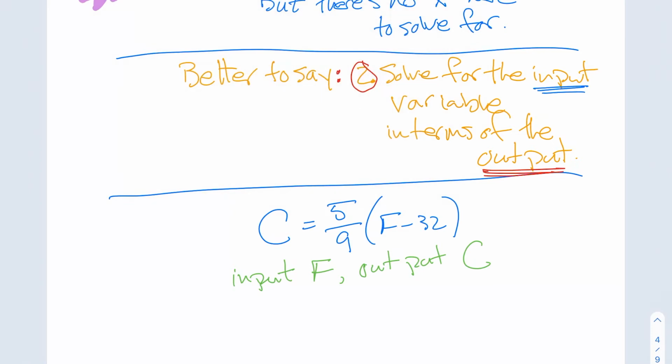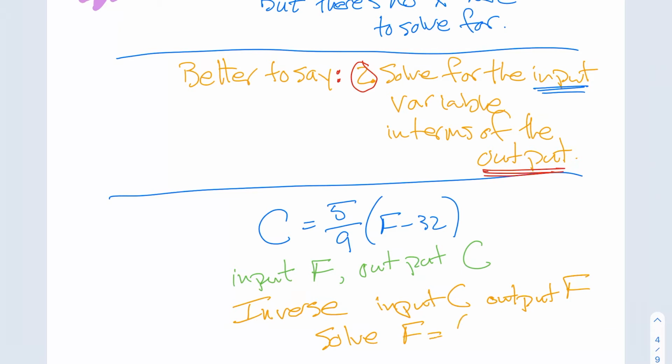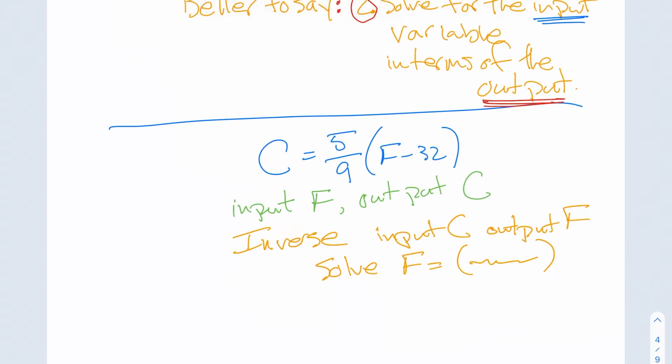And so if you go and solve this, you want to solve for F. The inverse would have an input C and output F. So I want to solve for F. F equals something. That's my goal.